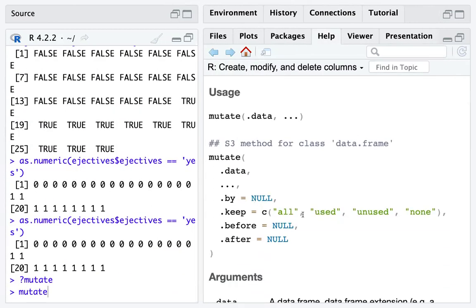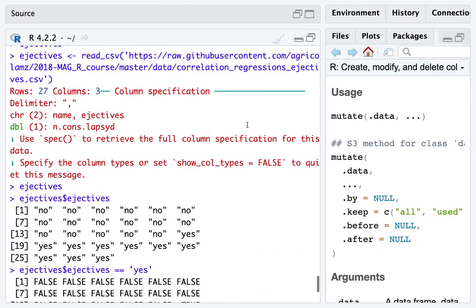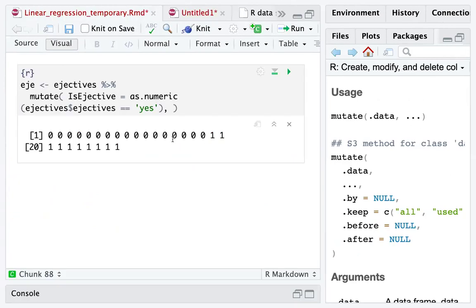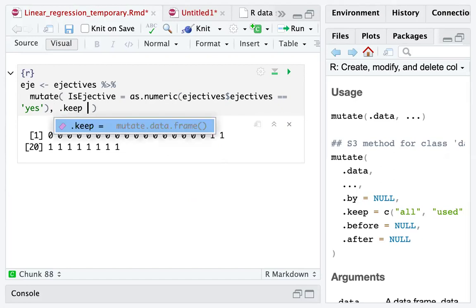So I want to keep not only the unused columns. So I will delete the old adjective. So keep is equal unused.